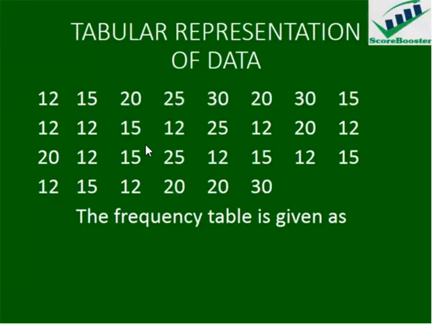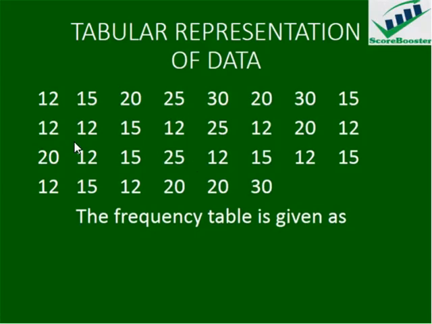You can see that we have just a few numbers: 12, 15, 20, 25 and 30. So here we don't need to group. It's not a very large number that is going to give us a very big table.